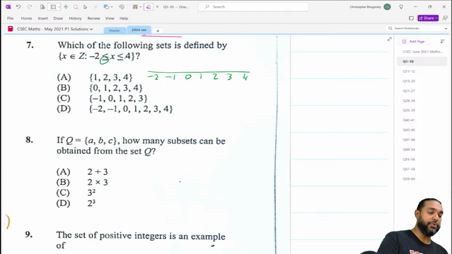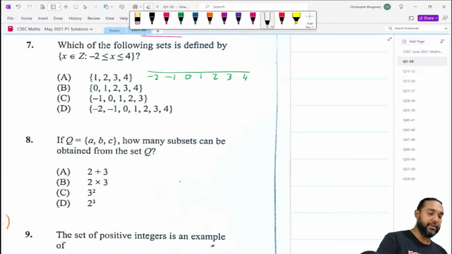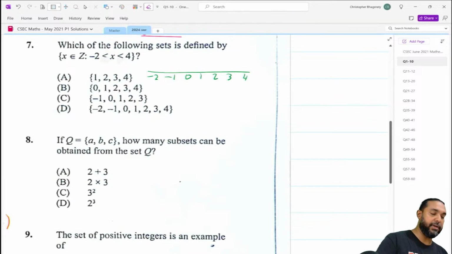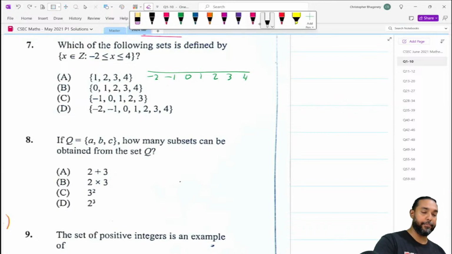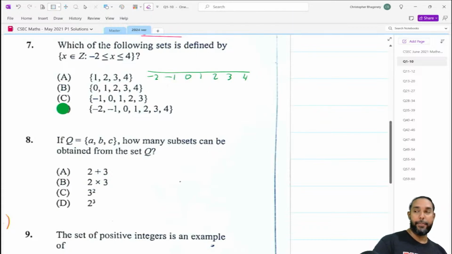When you have the equal to pieces, it means it includes those numbers. If it didn't have the equal sign, you would choose C as the answer because you couldn't include minus 2 and you couldn't include 4. But because those equal signs are present, you will include them. So option D, very good.